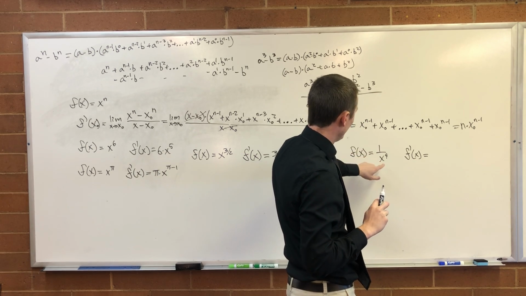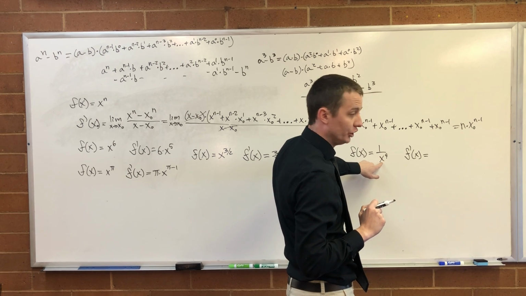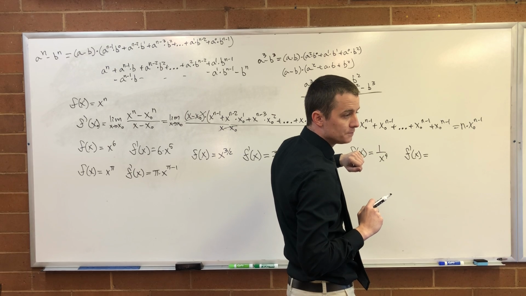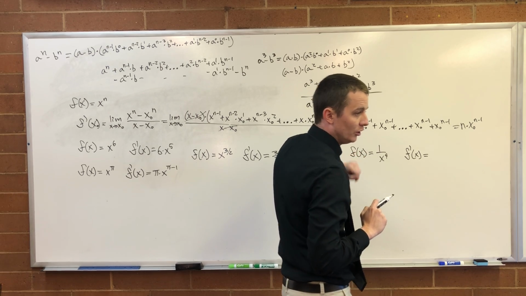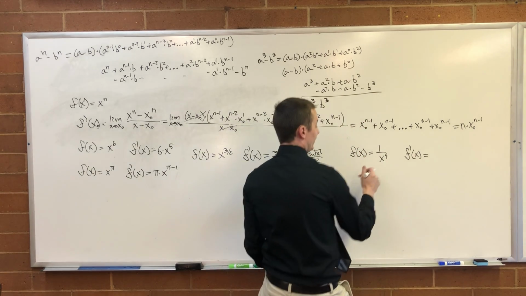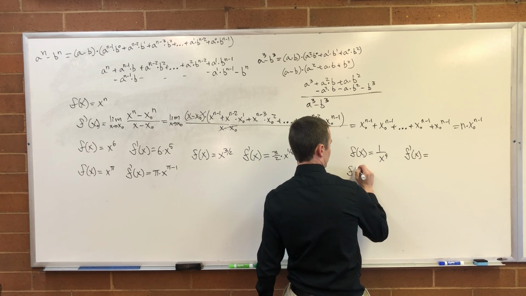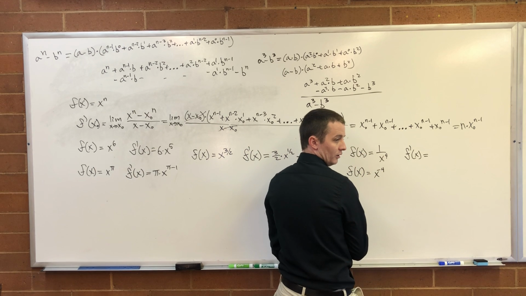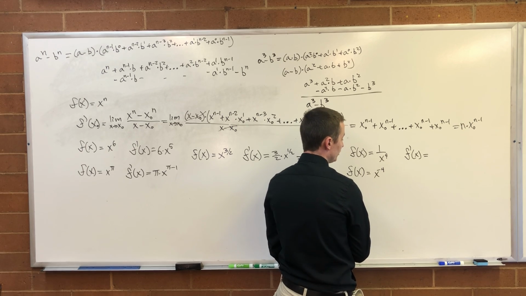How do we get the denominator turned into the numerator? Remember this, you need to make the exponent negative. So this is the same thing as x to the minus 4. Does that ring a bell?